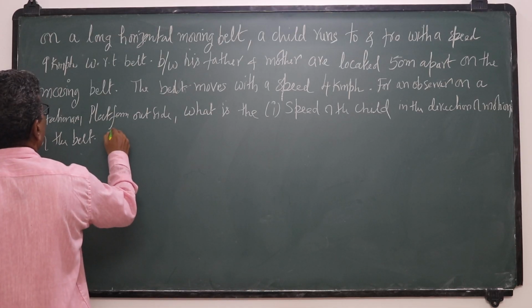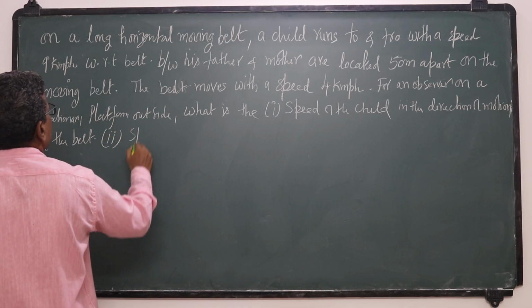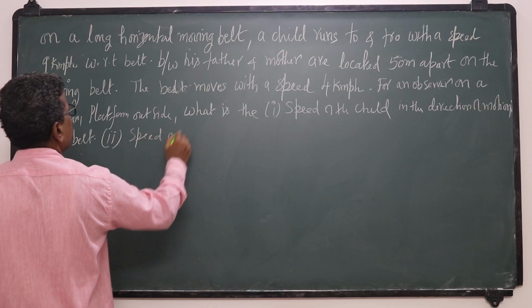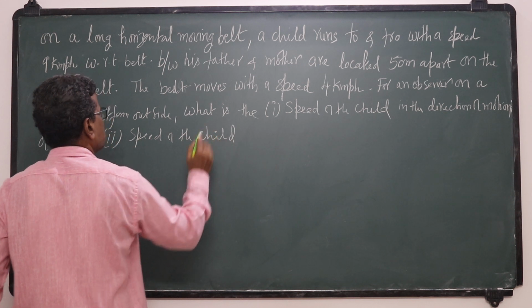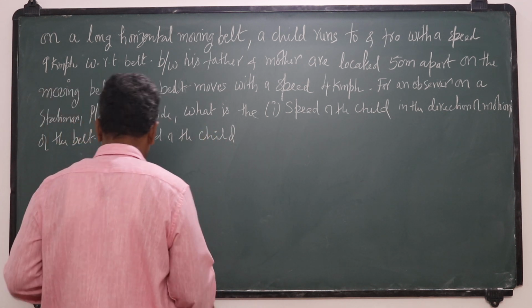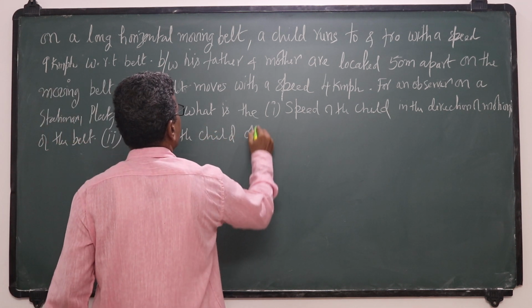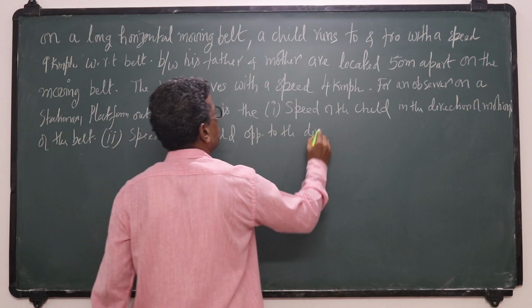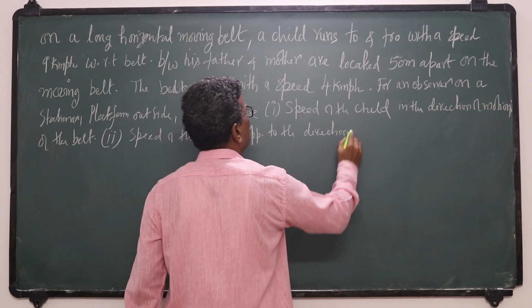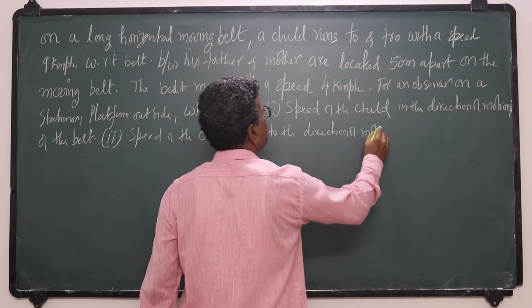Speed of the child, second one: speed of the child opposite to the direction of motion of the belt.